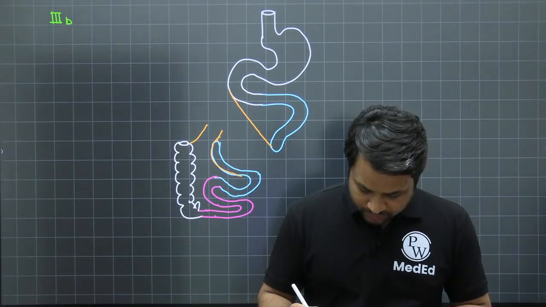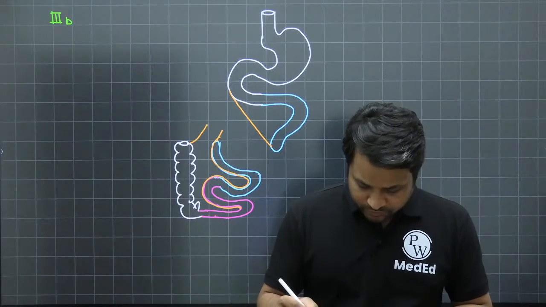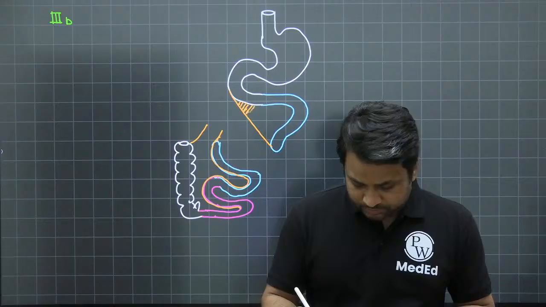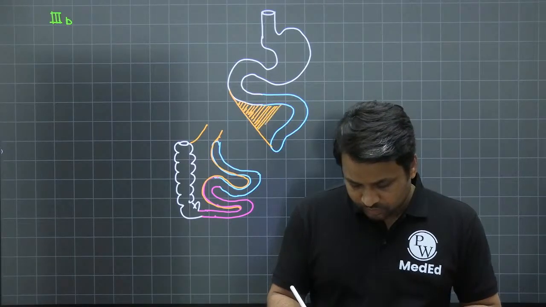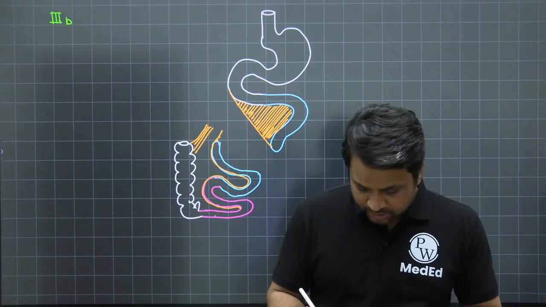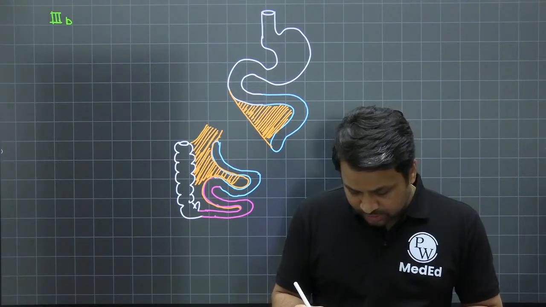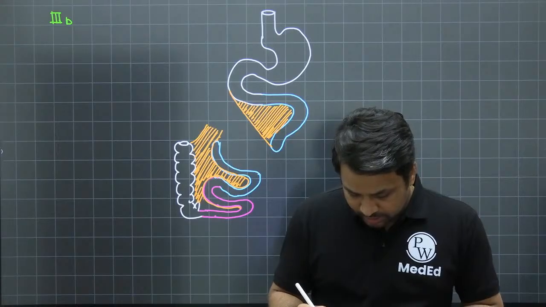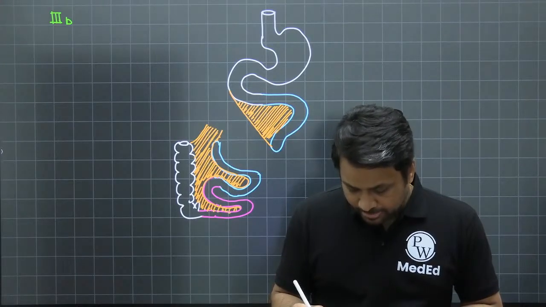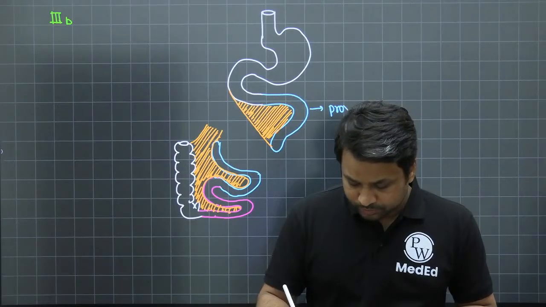So now you have two different mesenteric components. This is one end of the bowel with one set of mesentery, and this is another end of the bowel with another set of mesentery. So this is your type 3 variety. In a type 3 variety, this is the proximal jejunal loop.